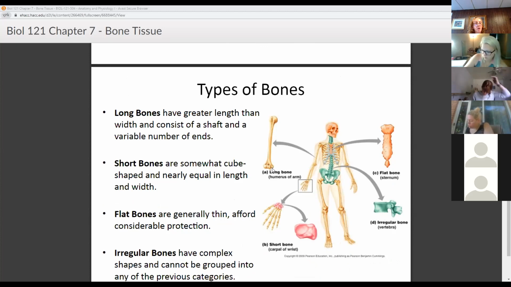Flat bones, like the bones of the cranium or the sternum. Irregular bones are ones that can't be grouped into any of the other three groups. So they're like the vertebrae, or another one might be the coxa, the os coxa of the pelvis.